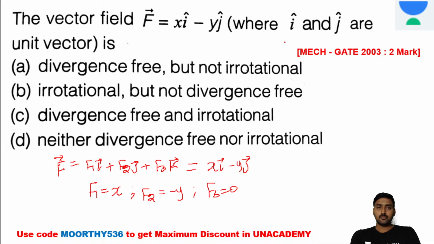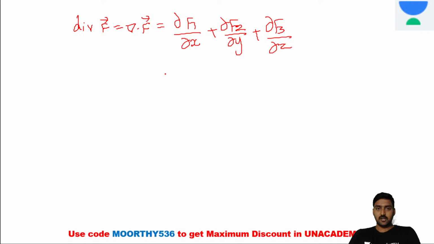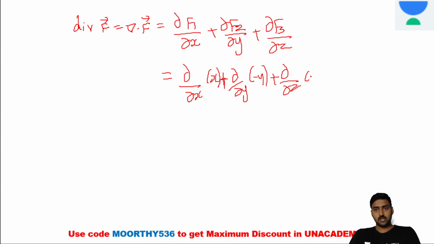Now substitute the values: dou by dou x of x plus dou by dou y of minus y plus dou by dou z of 0.